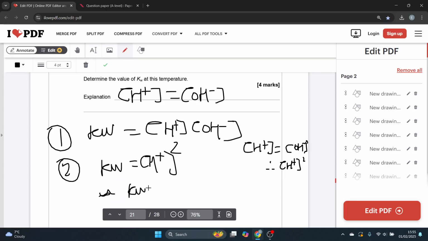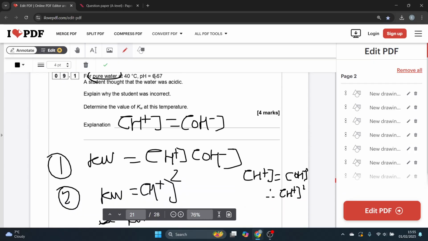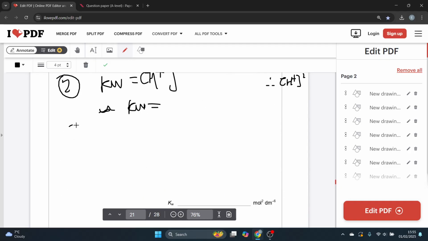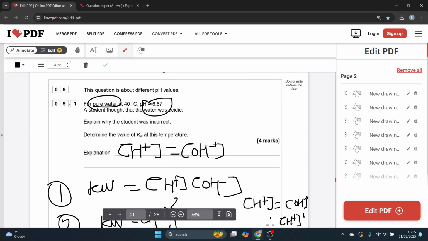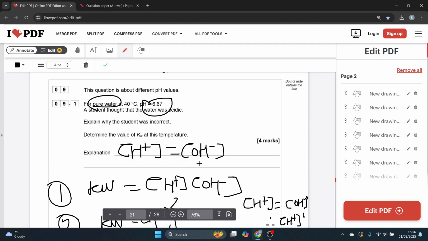Value of Kw is just going to be concentration H plus ions, which is what? Well, I've got the pH 6.67, and I know, or I should know, concentration H plus ions is 10 to the power minus pH. Therefore, it's 10 to the power minus 6.67. Therefore, Kw is 10 to the power minus 6.67 squared.